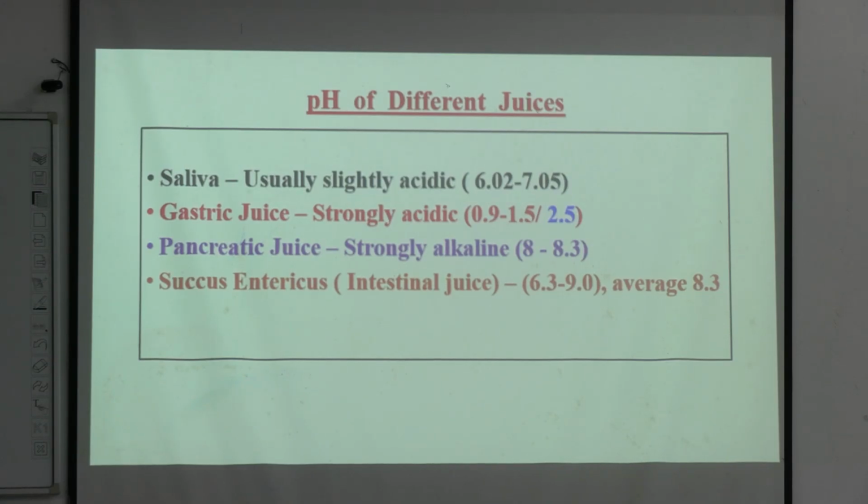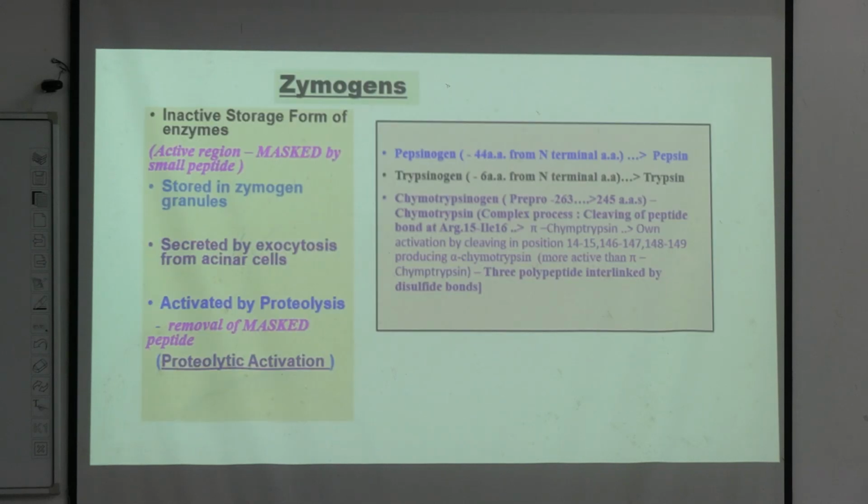That is the gastric juice coming out during vomiting into the oral cavity, but to a great extent diluted. Pancreatic juice is alkaline and the succus entericus, the intestinal juice, has a pH of 8.3.